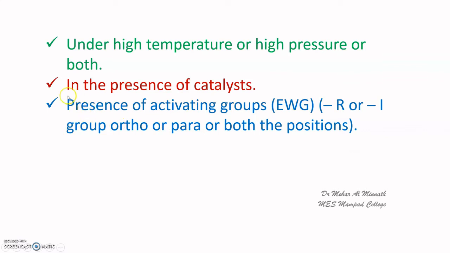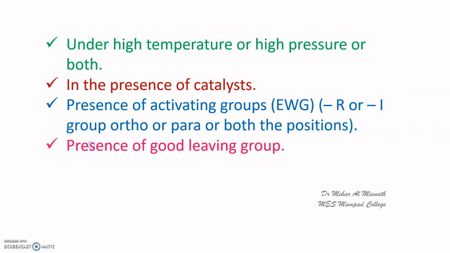This particular point is used very frequently in order to bring about nucleophilic substitution, that is, introducing an activating group, an electron withdrawing group, at the ortho or para position of the leaving group.